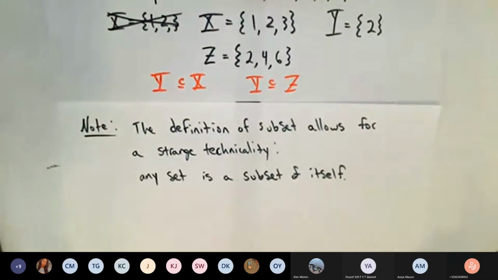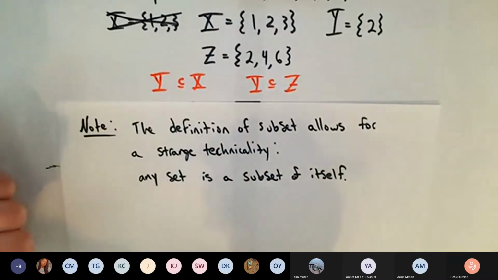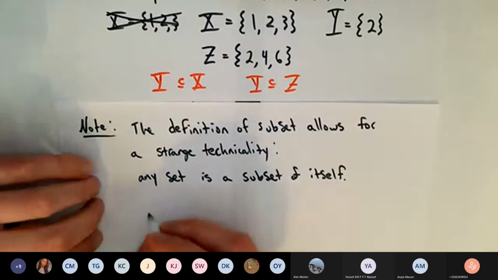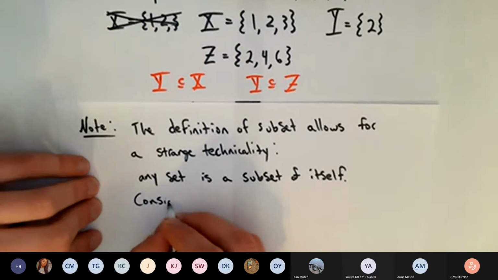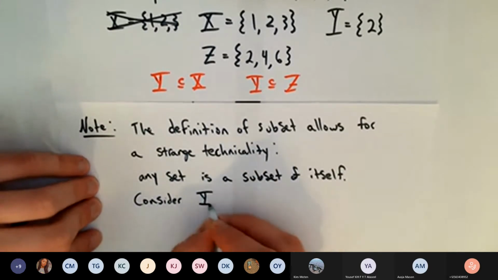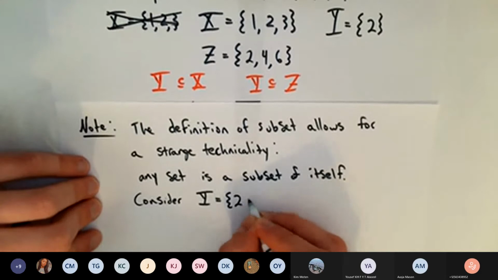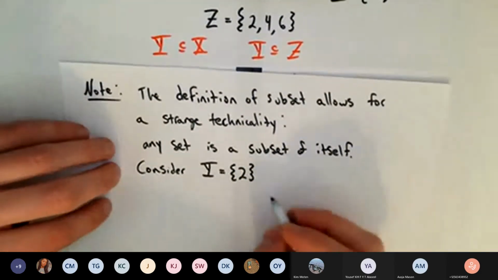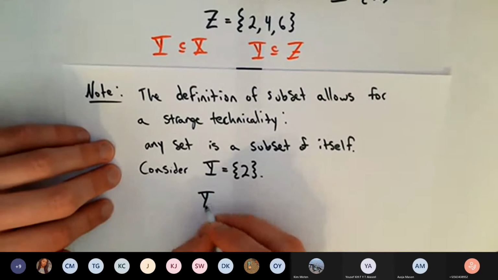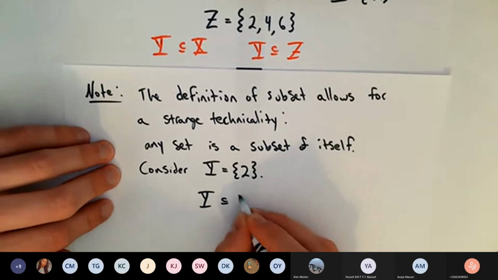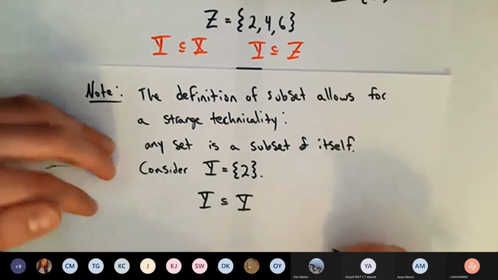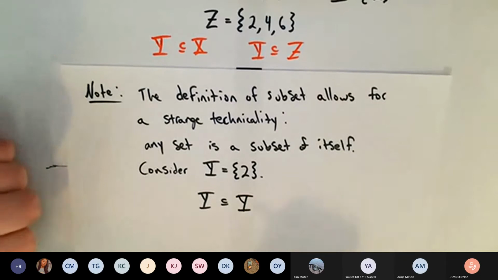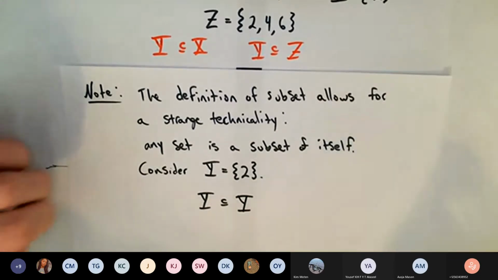For instance, consider the set Y, which is equal to just the number 2 in its set. If I said Y is a subset of Y, is this a true statement? That's what I'm claiming: any set can be a subset of itself. Is this true?